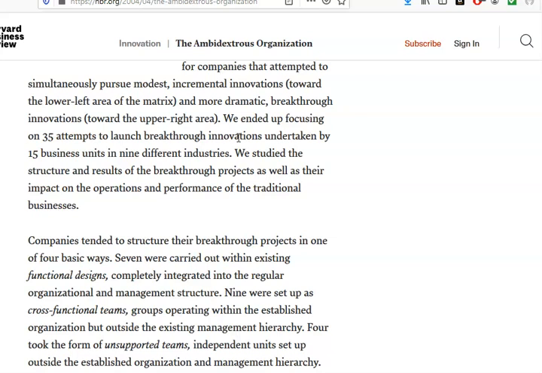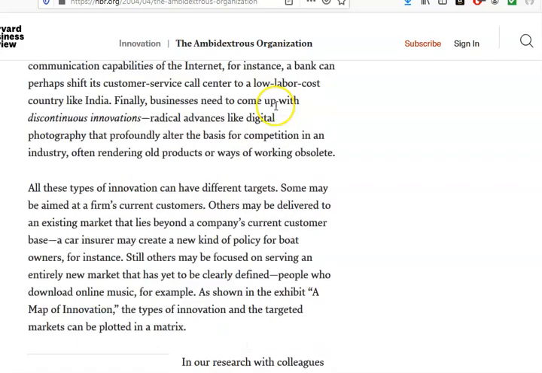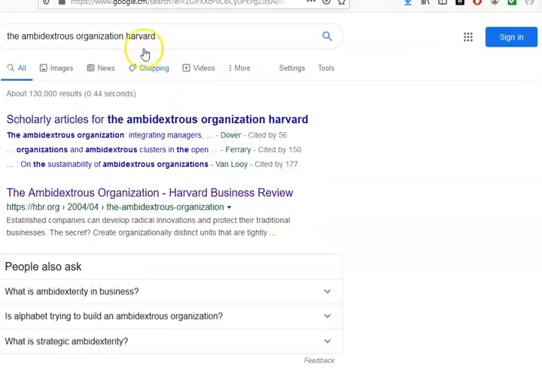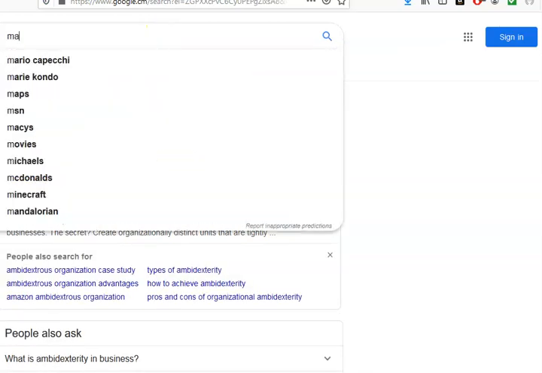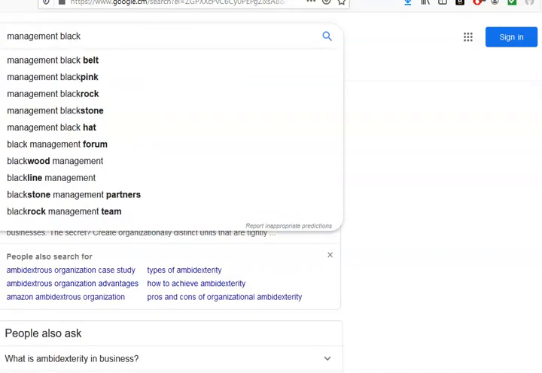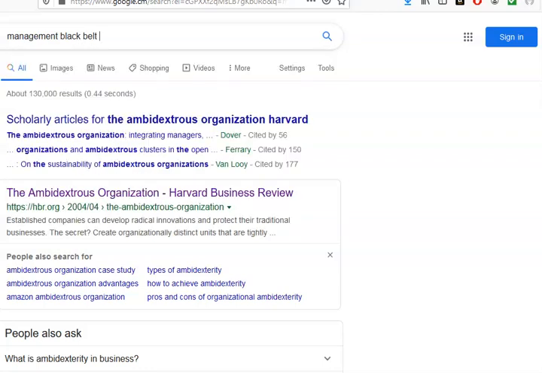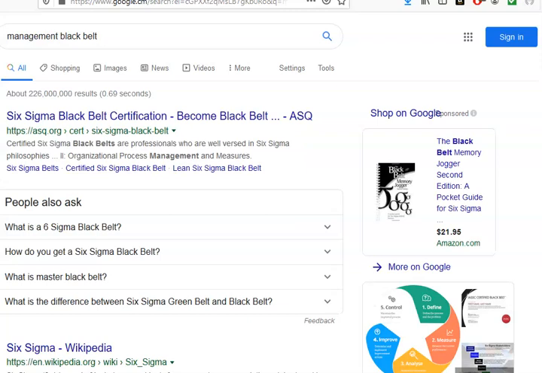some corporations realize, you know how you have that whole black belt form of management, Six Sigma.